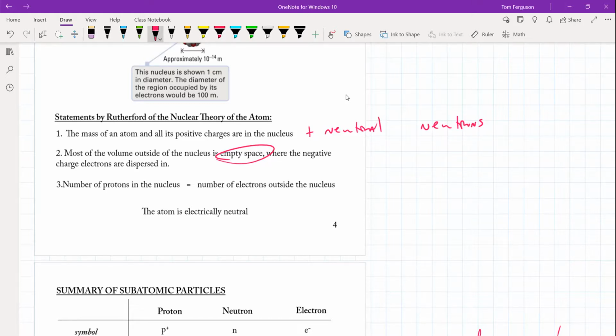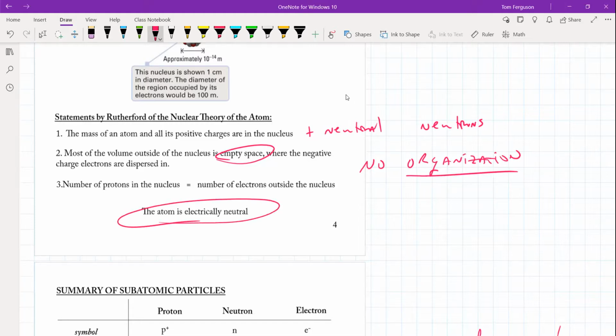Now, he did not say anything about organization, so he didn't specify organization. Later on, some later physicists talked about the organization. And because the atom is electrically neutral, the number of protons equals the number of electrons.